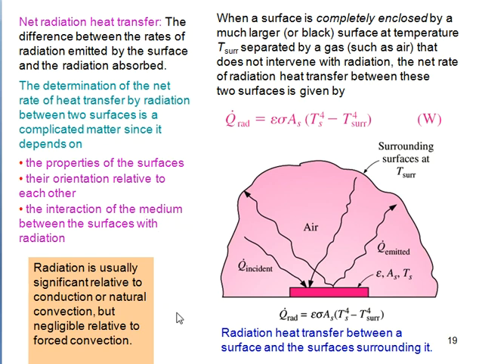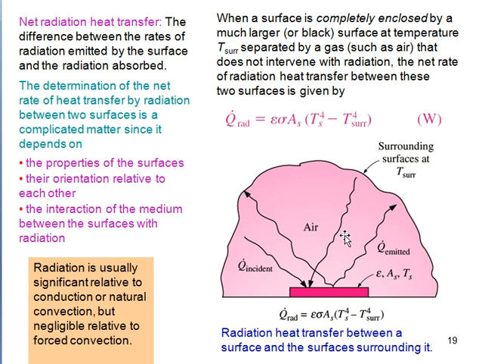Radiation is usually significant relative to conduction and natural convection, but negligible relative to forced convection. If a surface is completely enclosed by a much larger black surface at temperature T surrounding, separated by a gas that does not interact with radiation, the net rate of radiation heat transfer is given by this equation.